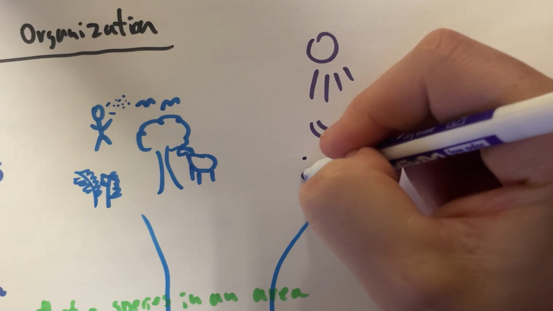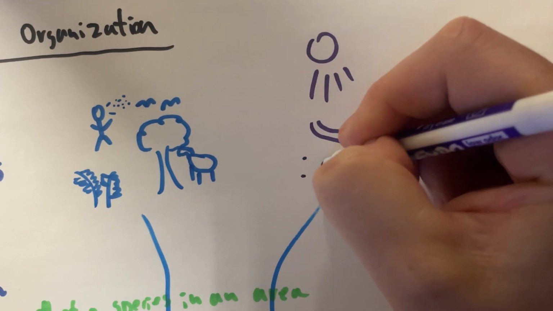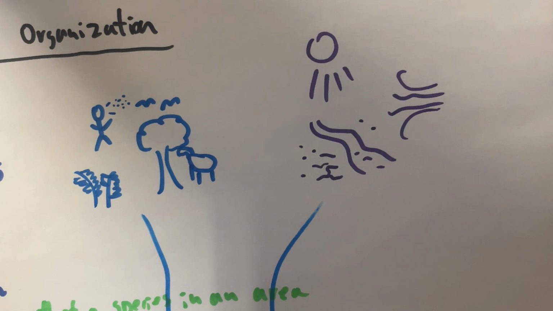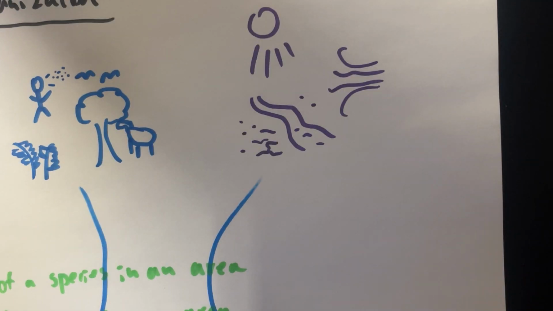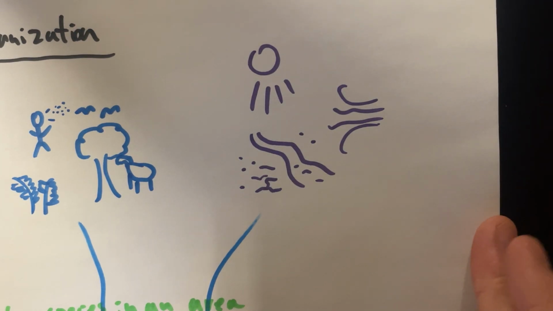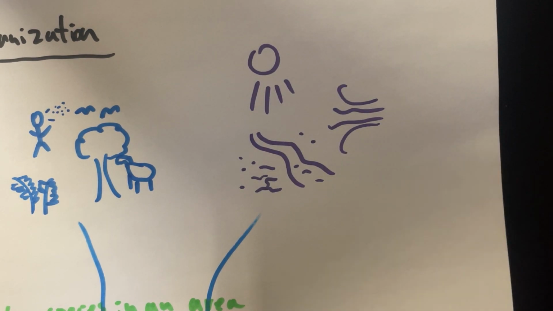Yeah, like what the soil's made of. Those sorts of things are abiotic for sure. The sidewalk. Well, that kind of goes in, yeah. How much soil you're getting.